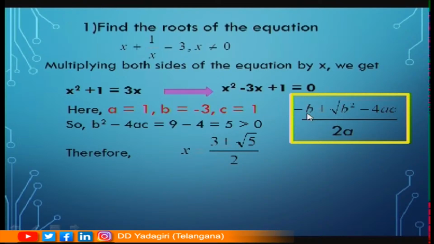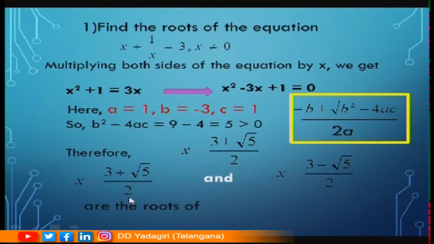Minus b, which means minus of minus 3 gives me plus 3, plus or minus under root, what is my b square minus 4ac value? 5. So, under root 5 by 2, which means I get two values for x, which are x is equal to 3 plus root 5 by 2 and x is equal to 3 minus root 5 by 2. So, we can say these are the roots of x plus 1 by x is equal to 3.